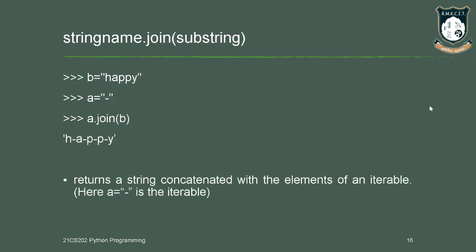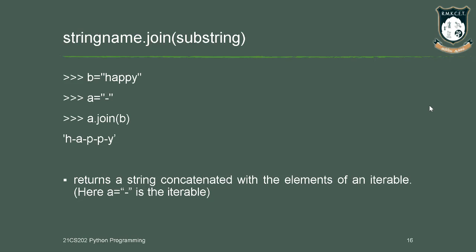And join. Here the character which is given will be concatenated with the elements which are already available in that particular string. Here we are taking the value b, and that variable contains the value happy, and here we are choosing a string a.